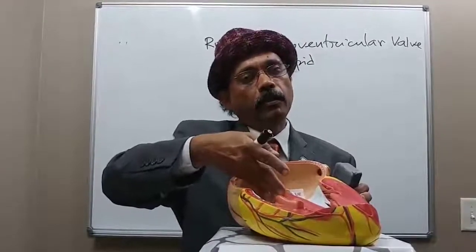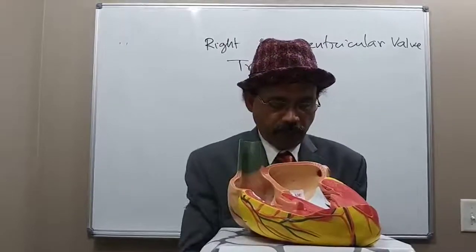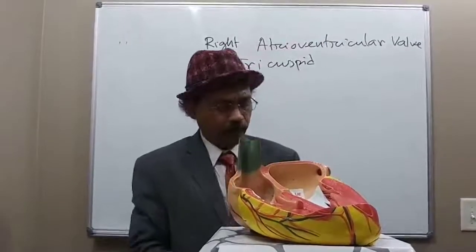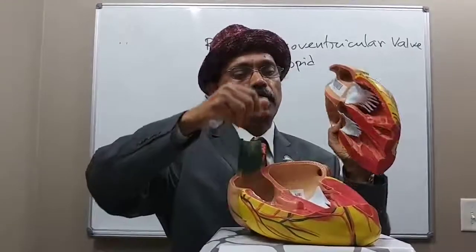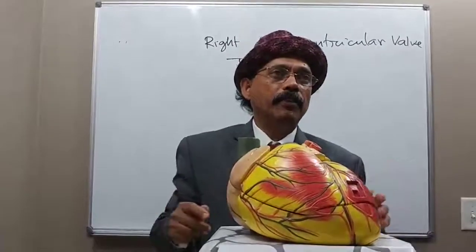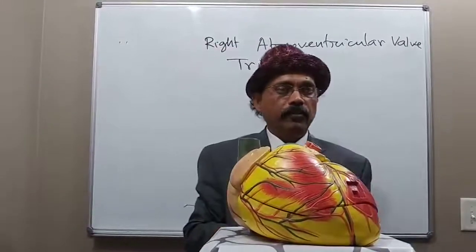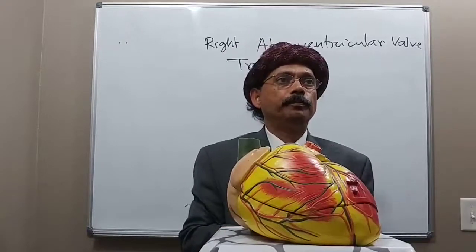We should have another one from the septal region, another one from the anterior region. So we should have three cusps in the right atrioventricular opening, that is guarding blood from the right atrium to the right ventricle.